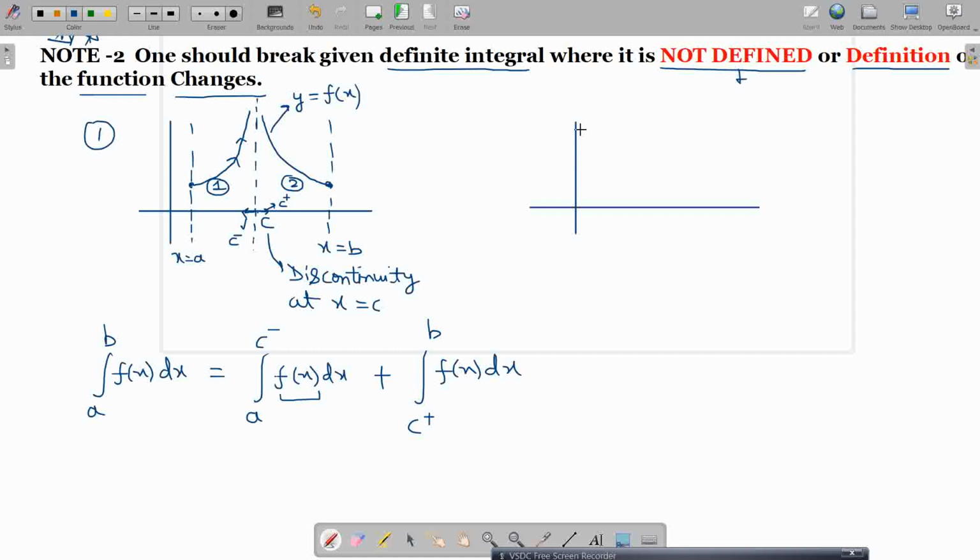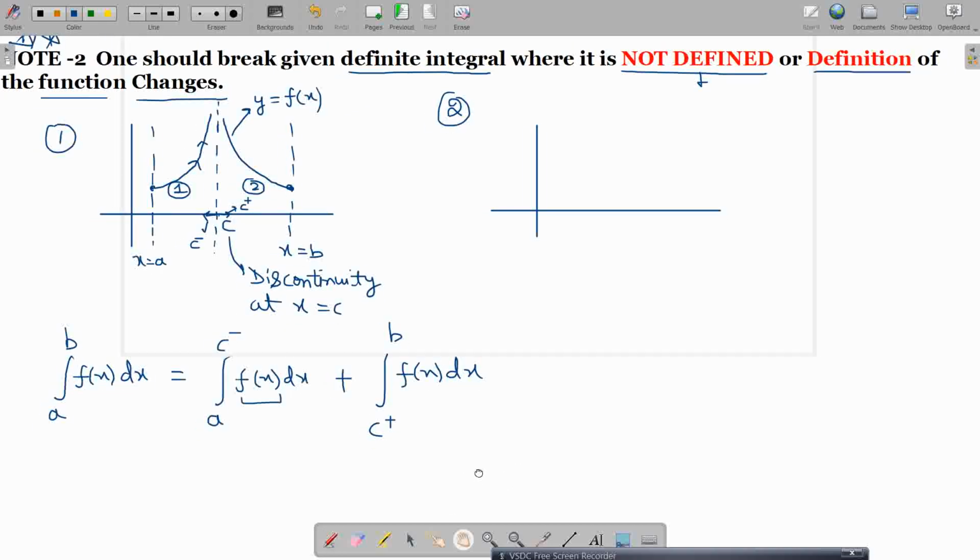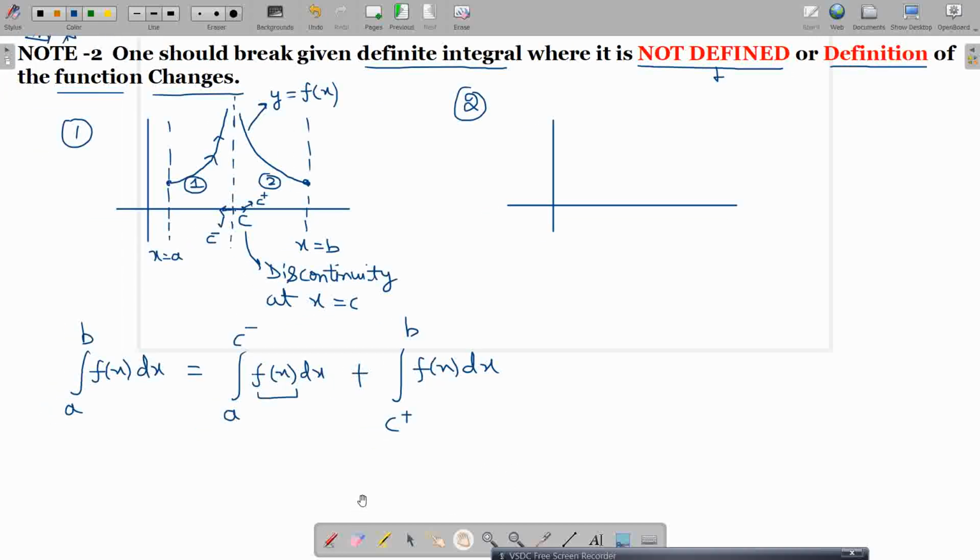Now let's choose the second case, where the definition of the function changes. What does it mean? Let's say the graph now looks like this. Here is x equals a, this is x equals b again, and then we have a point x equals c, but now the graph is something like this.